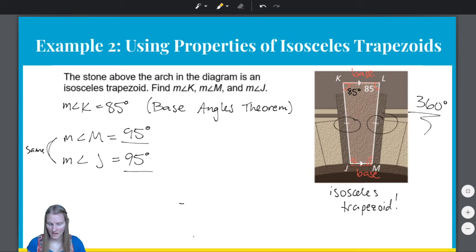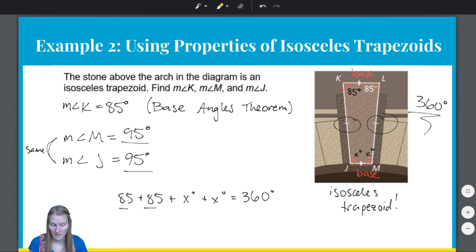is if we said, we know that 85 plus 85 plus, right, we don't know what angle J and angle M are, but we know they're the same. So plus x degrees equals 360. That might be an easier way to see it.